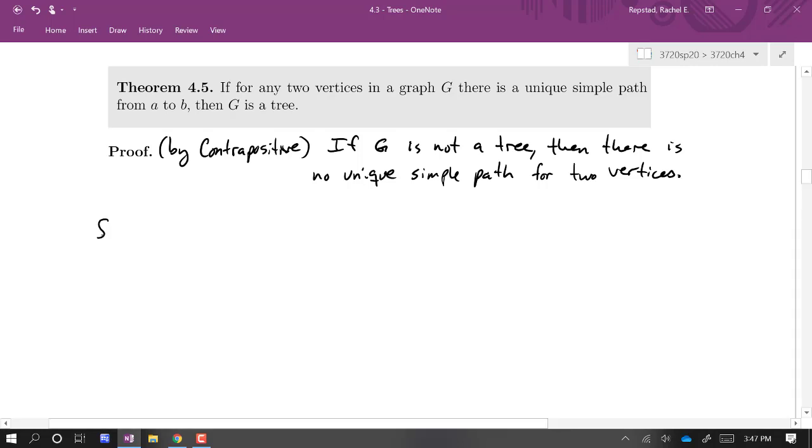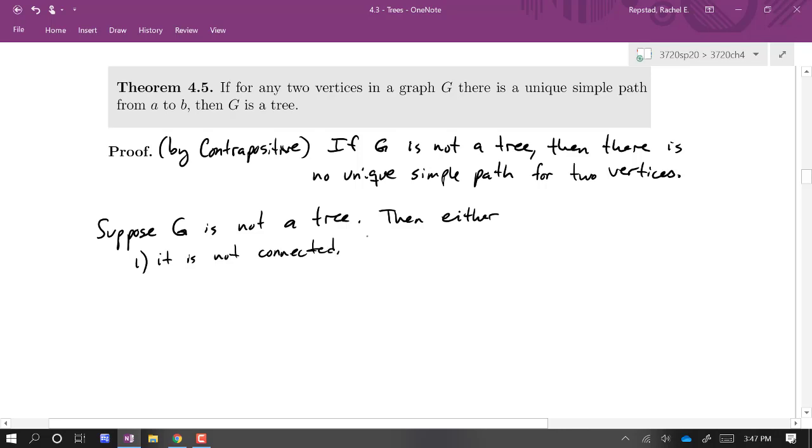So, okay, let's suppose G is not a tree. Remember, a tree is a graph that is connected and has no cycles. So if G is not a tree, then one of the following must be true. Either it's not connected, or it has a cycle. We'll take these one at a time.